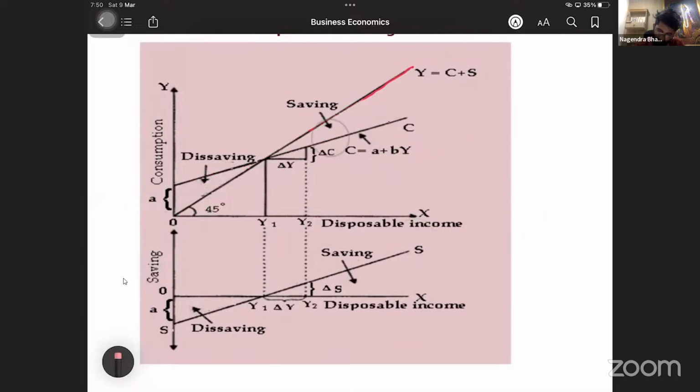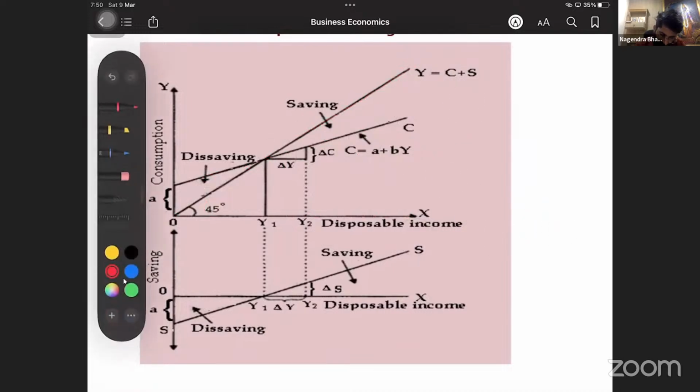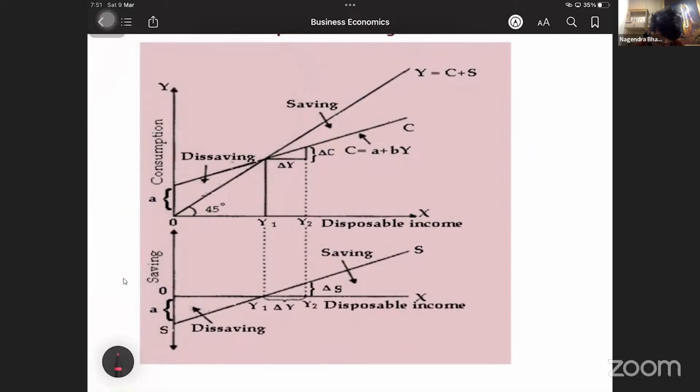Now, listen. Tell me, what is this difference? This difference is savings. Why is this difference savings?